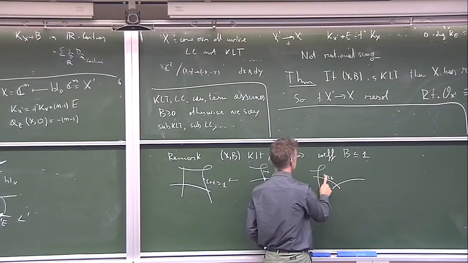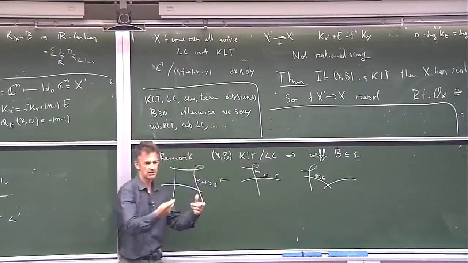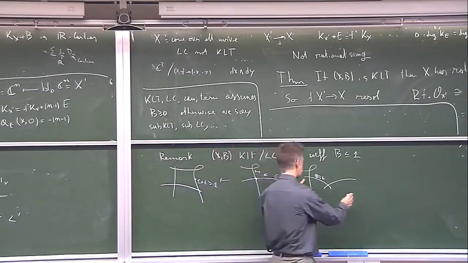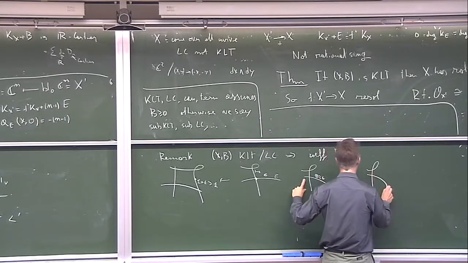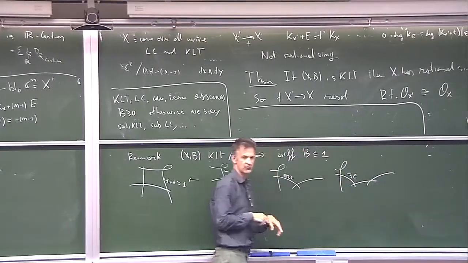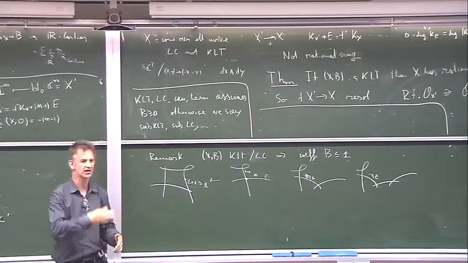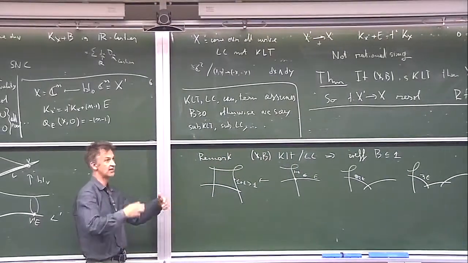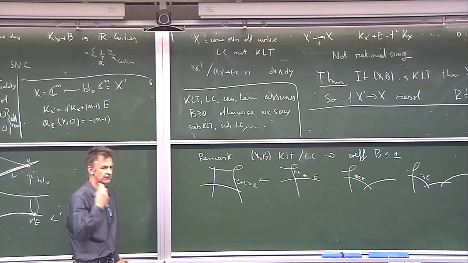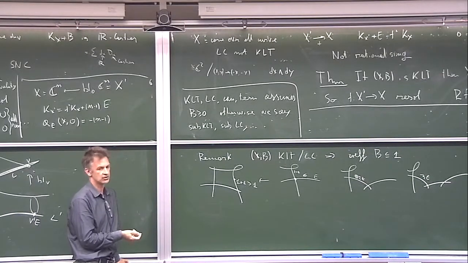I just get 2 epsilon. 1 plus epsilon is 1 plus 2 epsilon minus the relative canonical, which is 1. So I get 2 epsilon. Now I blow it up another time. So it's a slow process, but eventually you'll win. Then you'll get coefficient 3 epsilon and so on. So you get the picture. Eventually, no matter how small epsilon is, after 1 over epsilon plus 1 turns, you violate the log canonical condition.